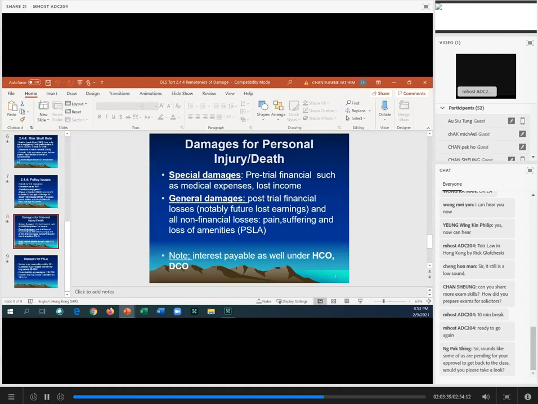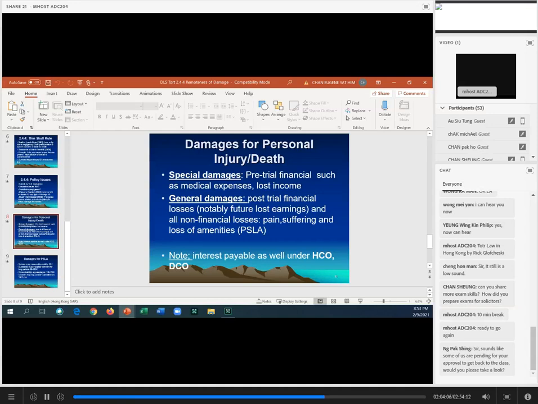And then, of course, there is some sort of discounting going on here, a multiplier, etc. So you can claim post-trial financial losses, future lost earnings. You can also get non-financial losses. You can get damages for what we call pain, suffering, and loss of amenities, PSLA.